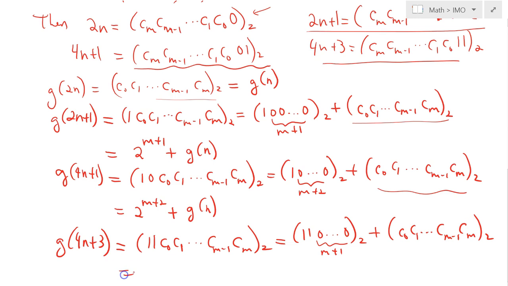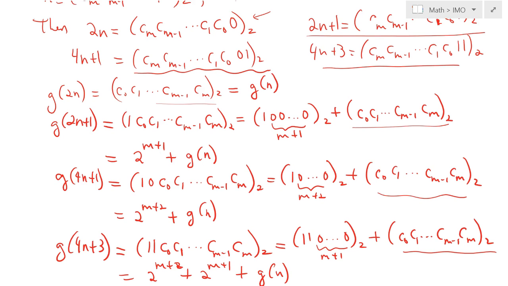So therefore G of 4n plus 3 is simply equal to 2 to the m plus 2 plus 2 to the m plus 1 plus the remaining term, which is G of n.